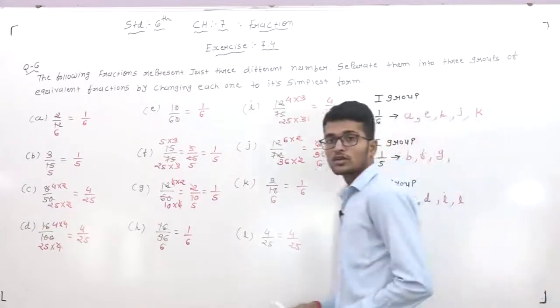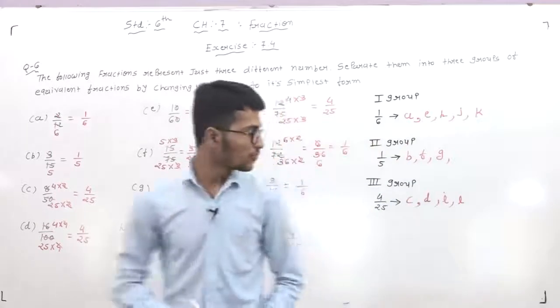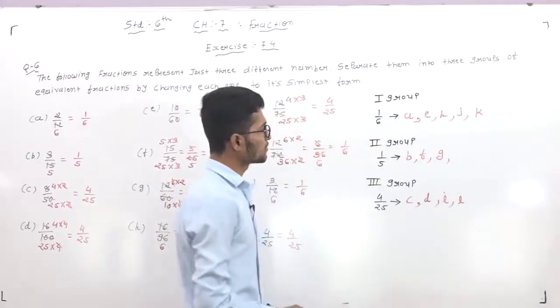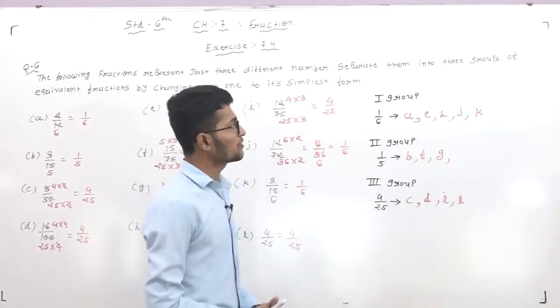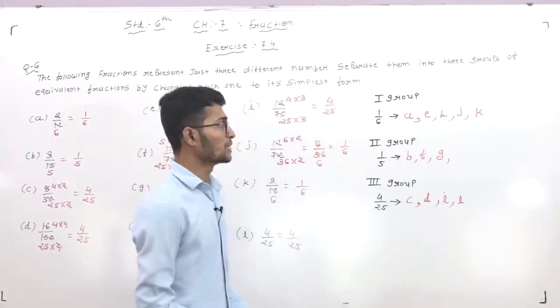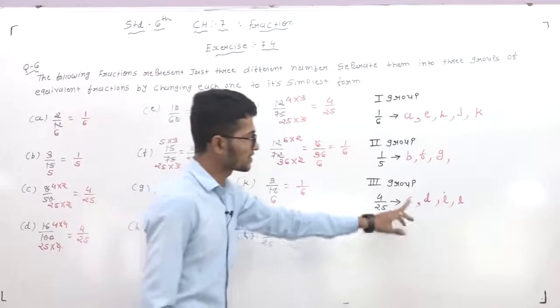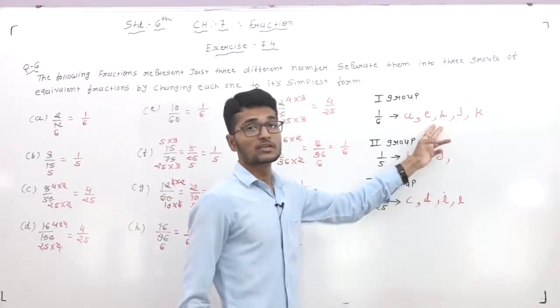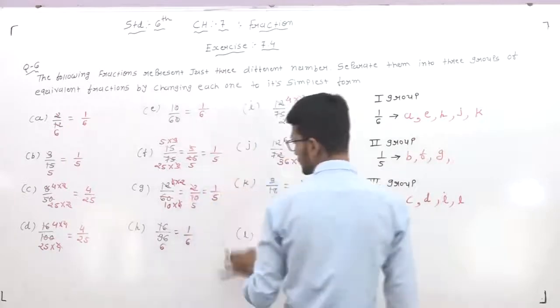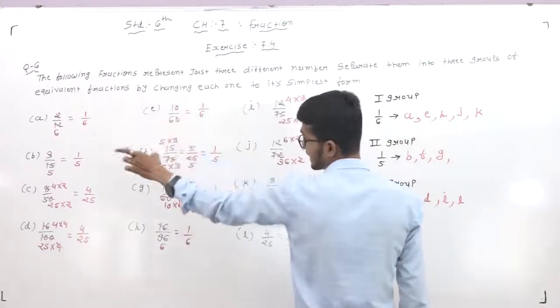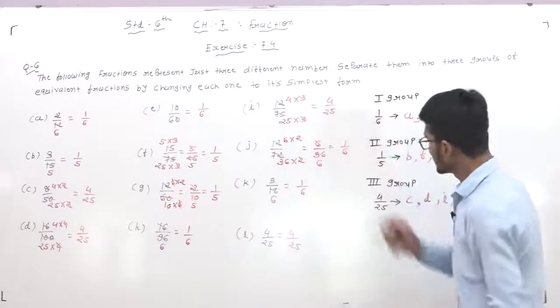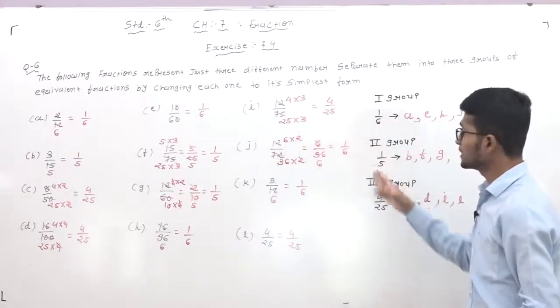How many total fractions? 4 and 4 and 3 is 7, 7 and 5 is 12. So 1, 2, 3, 4, 5, 6, 7, 8, 9, 10, 11 and 12. This is our 12 fractions separated into 3 groups.